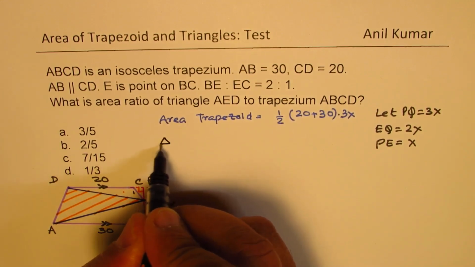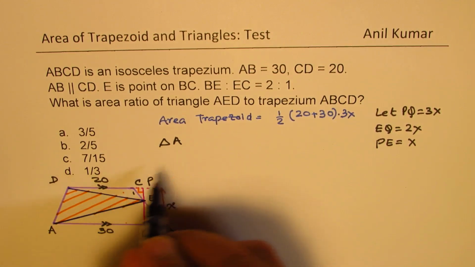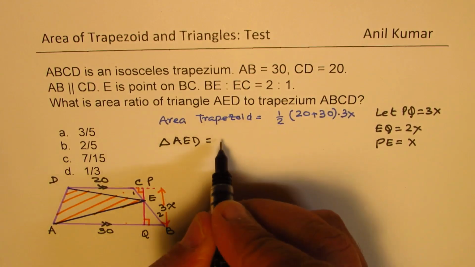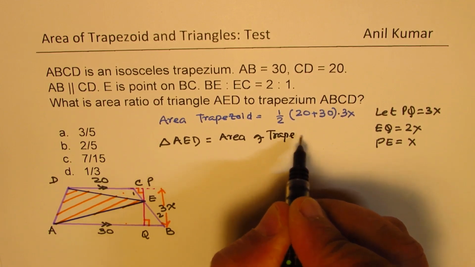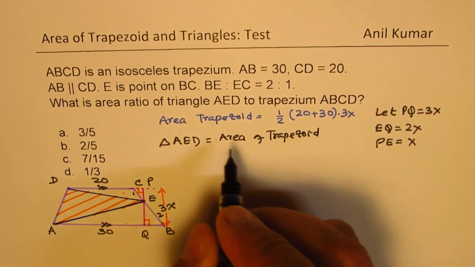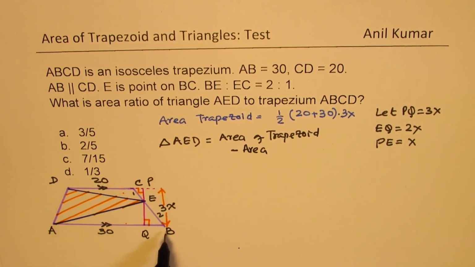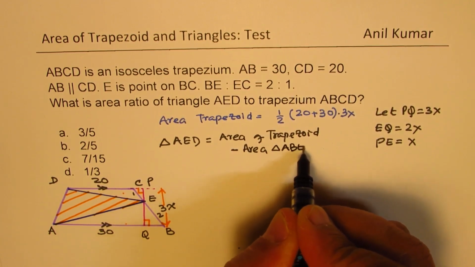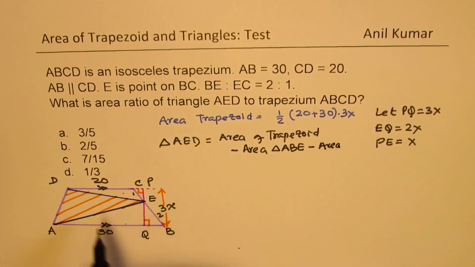So we are saying that the area of this triangle AED is equal to the area of the trapezoid minus the area of triangle ABE minus the area of triangle DEC.